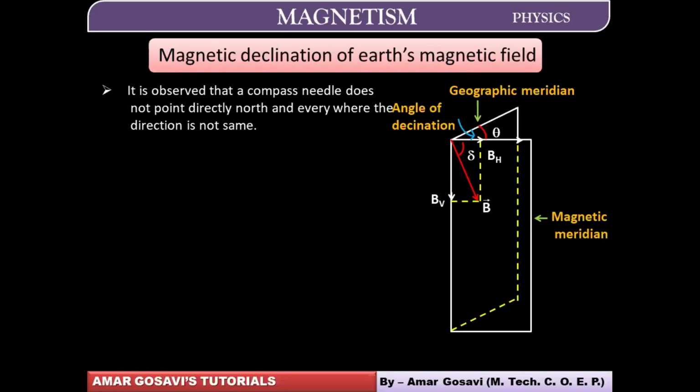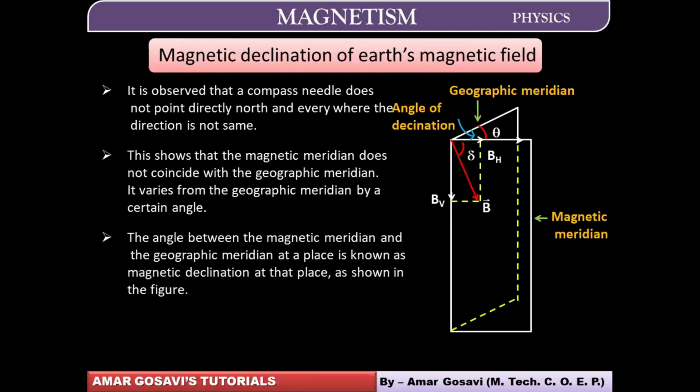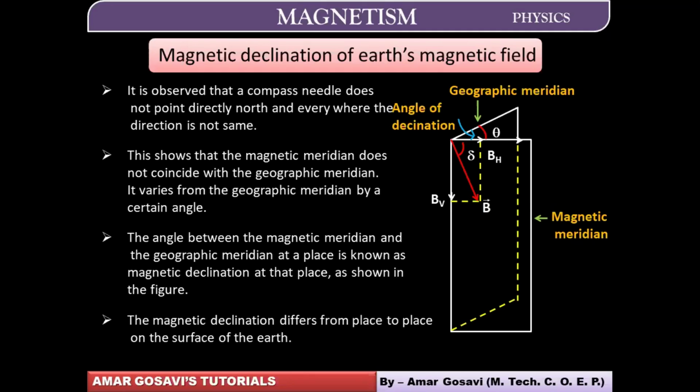The direction is not the same. This shows the magnetic meridian does not coincide with the geographic meridian. So it will vary from the geographic meridian by a certain angle, and this angle we call the magnetic declination, shown in the figure by theta. This magnetic declination will differ from place to place on the surface of Earth.